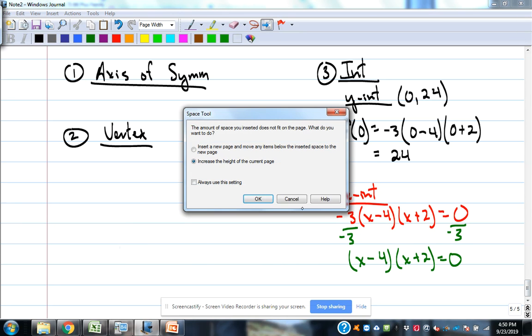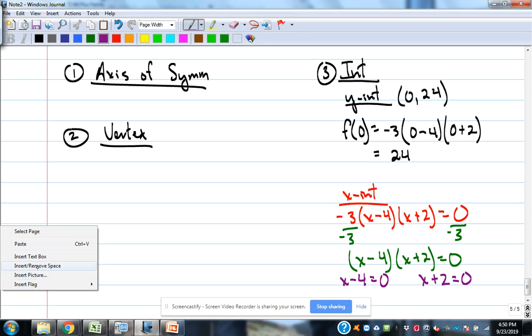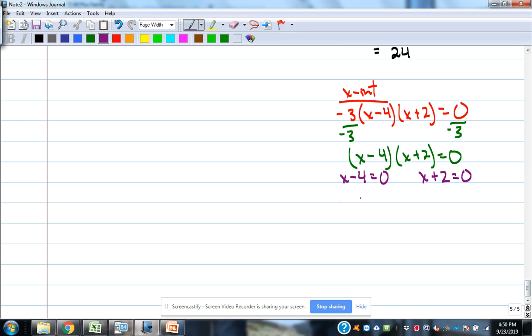I set each one of those equal to 0. So x minus 4 equals 0, x plus 2 equals 0. And that's going to give me x equals 4, x equals -2. So that'd be 4, 0, and -2, 0 would be my x-intercepts.